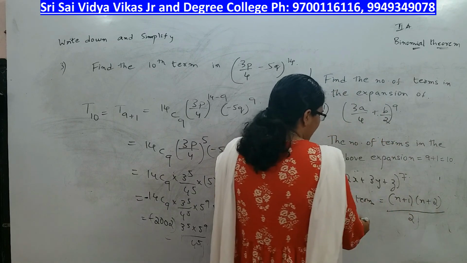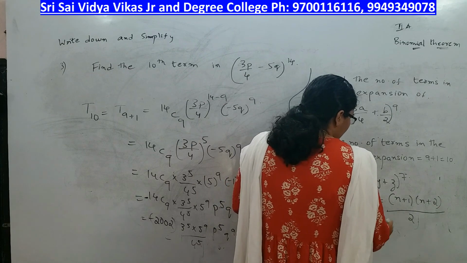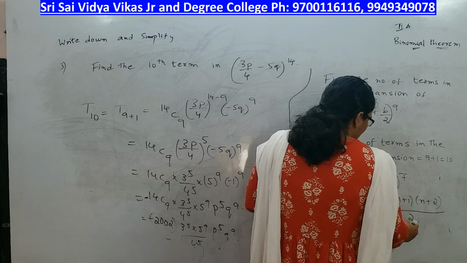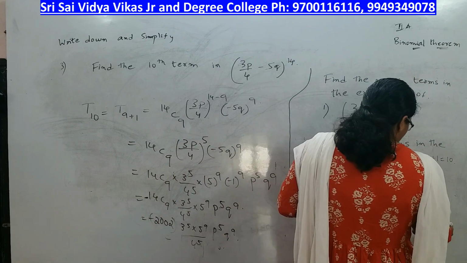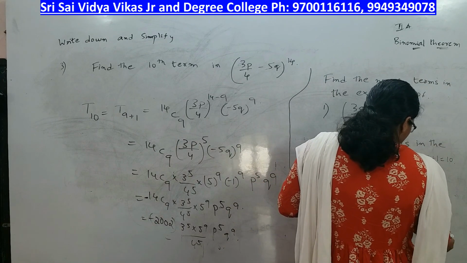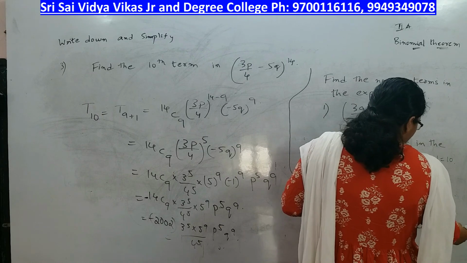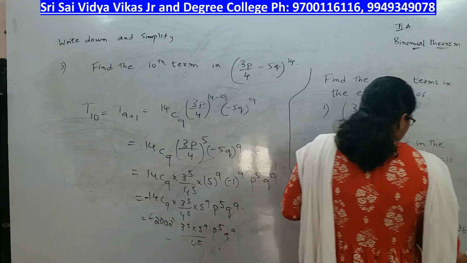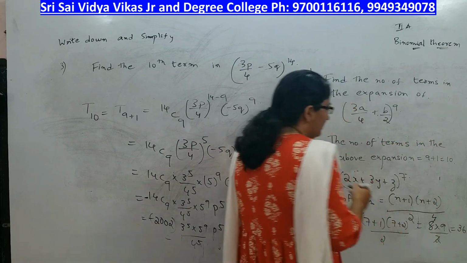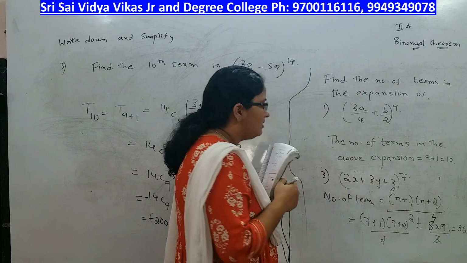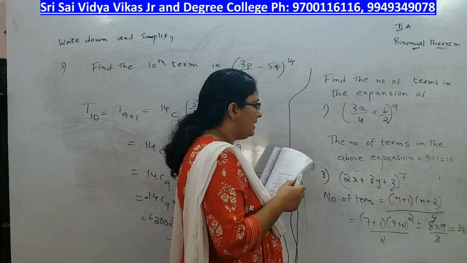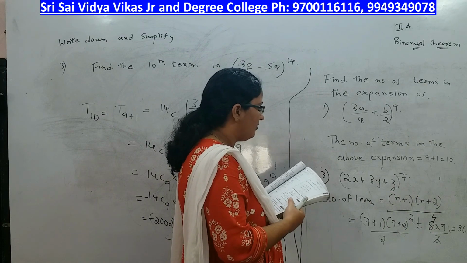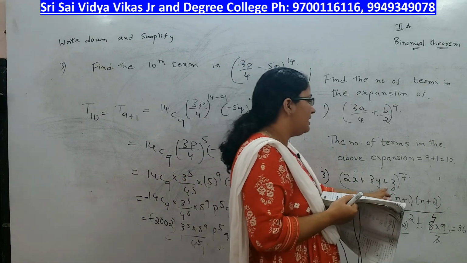That is (7 plus 1)(7 plus 2) by 2, which is 8 into 9 by 2. 2 1s are 2, 2 4s are 8, 4 9s are 36. So there are 36 terms in the expansion of (2x + 3y + z) whole power 7.